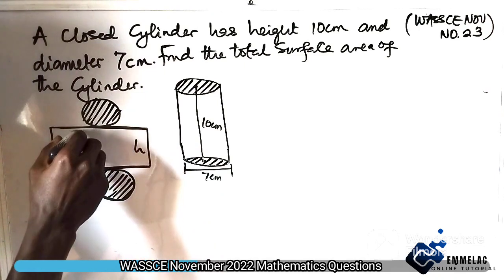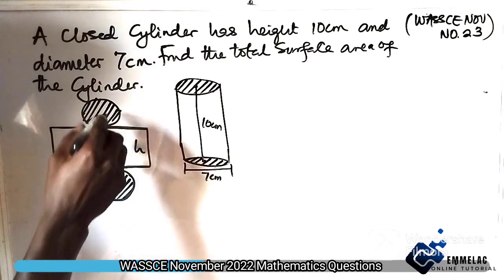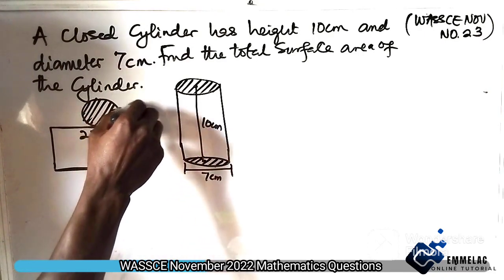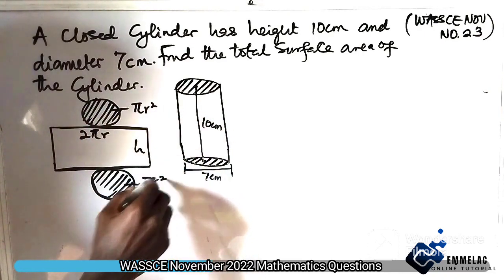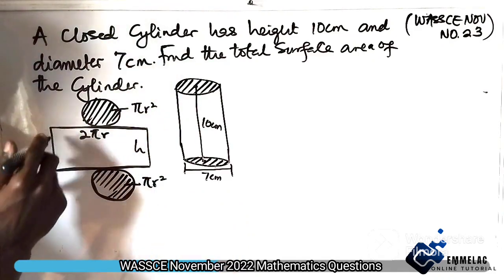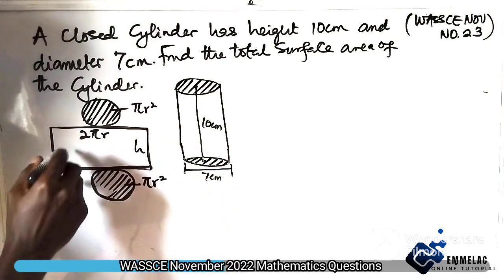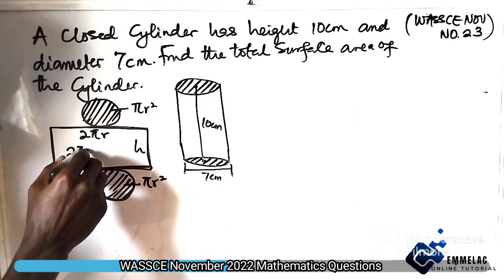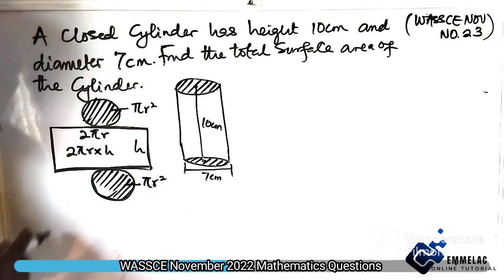So the circumference of the circle is 2 pi r, right? Yes. Now here is a circle, which is pi r square, and here is a circle, pi r square. Now when we add all this together, take note, the area of this shape here is length times breadth, which means 2 pi r, which is the radius, times h.